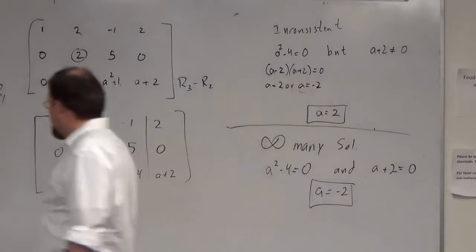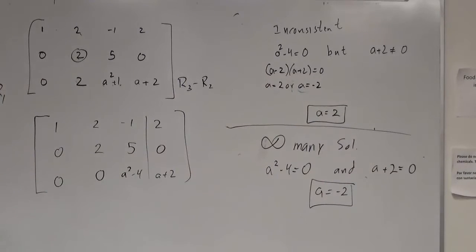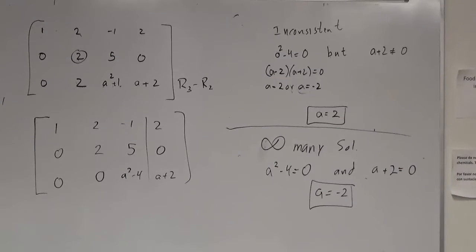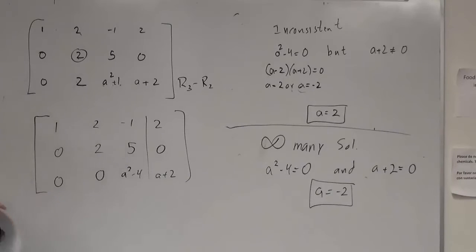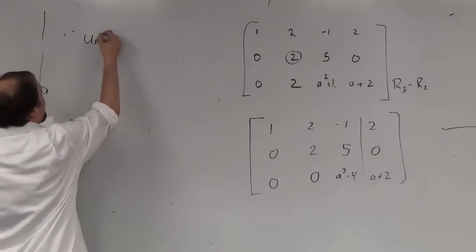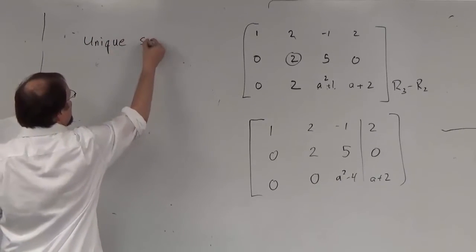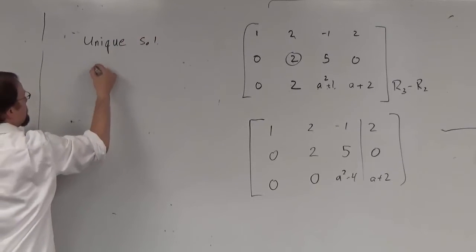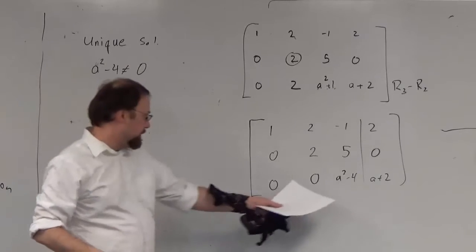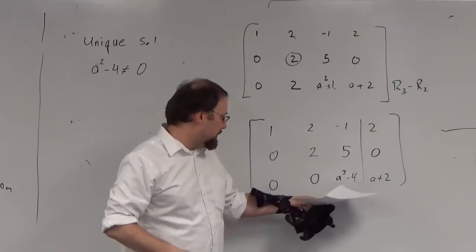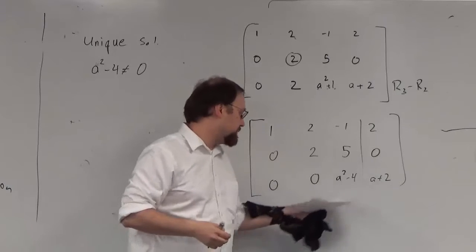And finally, for a unique solution, we'd want to have 3 leading entries in the matrix of coefficients, because we have 3 unknowns. So we would want this to be non-zero, right? And this is not 0 for any number A. If this is non-zero, we would have 3 leading entries.